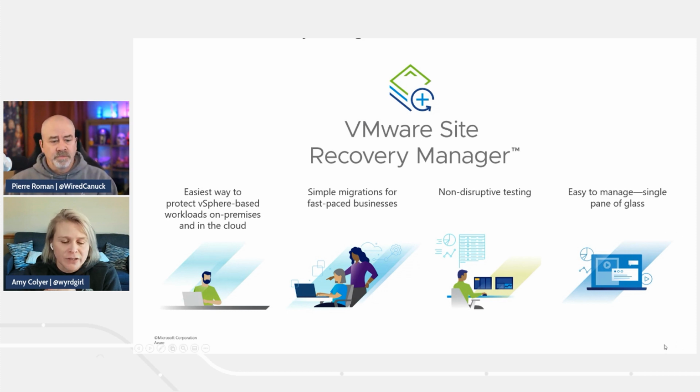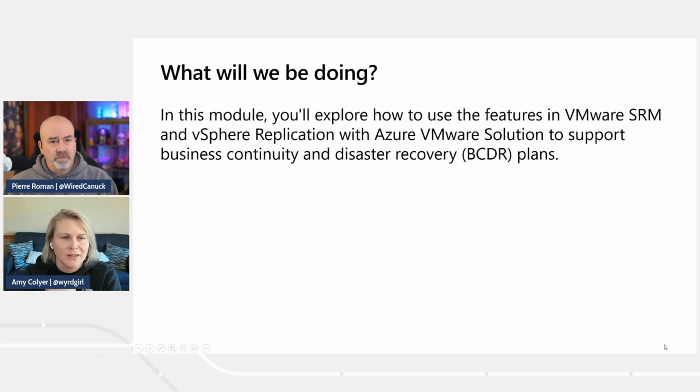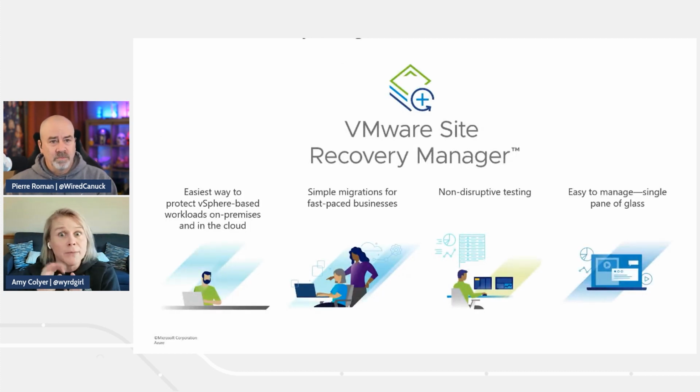Yeah, and I've personally found that DR is the last thing people think about. You have everything set up, you have backups running, but you don't have a true DR plan. Backups are not the same as having a disaster recovery plan. It is really important to have some kind of solution in place so that, heaven forbid something happens, you're able to at least get the bare minimum up and running.